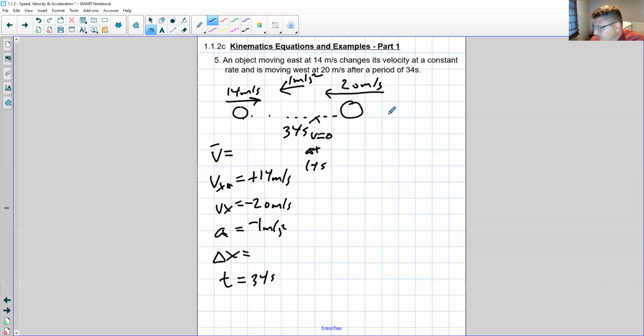So that would mean the first set of travel is 7 meters per second times 14 seconds. So we're going to have 98 meters of travel to the east.